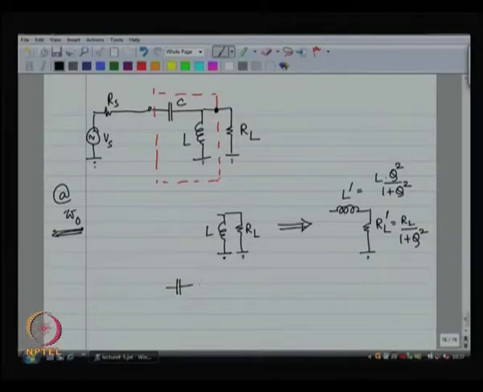So, it is conceivable to do a transformation from an inductor in parallel with a resistor to an inductor in series with the resistor. Then the network that we end up with is a capacitor in series with the inductor in series with the resistor.